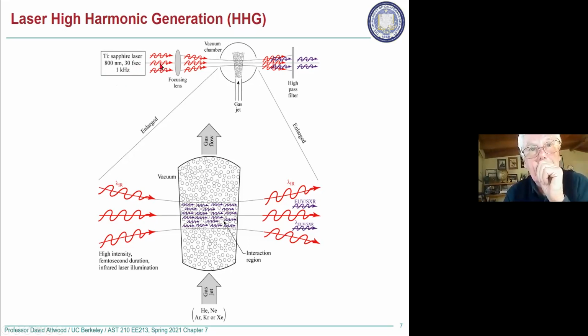That laser light is focused, and the focusing strength of the lens is chosen to bring the intensity of this laser light, power per unit area, up to what we need. In this case, the region is a gas jet. It's not always a jet of gas; sometimes there are other ways of holding the atoms together in a near vacuum situation. But anyway, it focuses the radiation down to an intensity of something like 3×10^14 watts per centimeter squared.